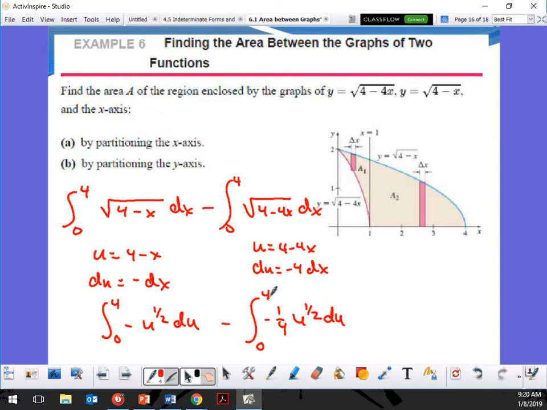The second part. Can I plug in 4 for the second one?